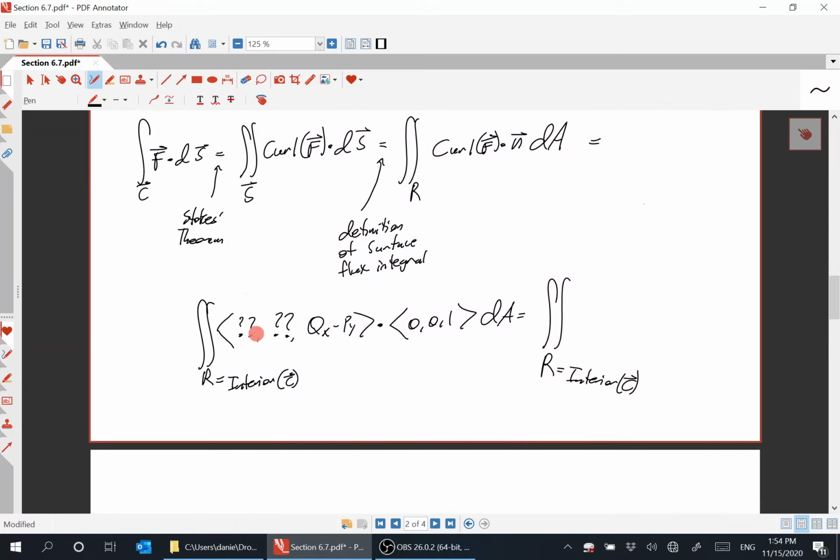Well, it's a dot product. I didn't care what this is because the dot product is going to be 0. The product of this and 0 is 0. The product of this and this is 0. So it's just 1 times that, which is qx minus py dA, and that is Green's theorem right there.